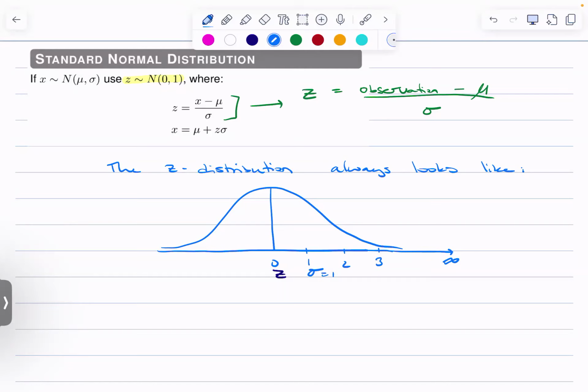But after 3, we kind of run out of patience and it's too small. Same thing on the other side. If I move down 1 standard deviation, I denote that with a -1. And so now my Z of -1, -2, -3. And again, it keeps going to negative infinity.